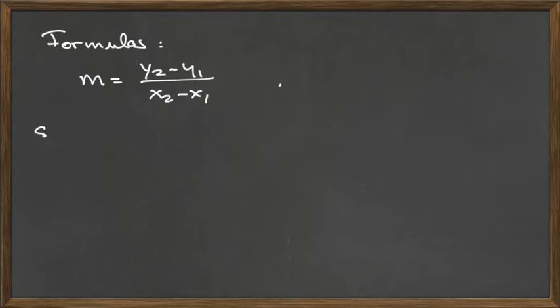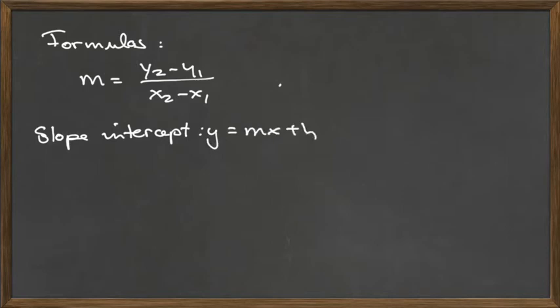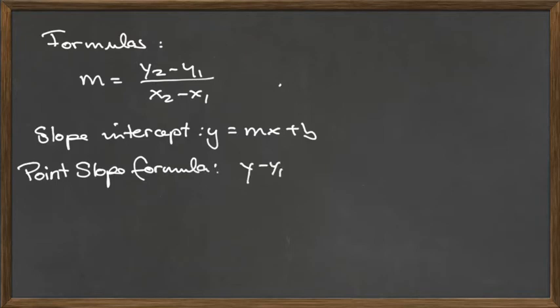Then the slope-intercept form, you got it, y = mx + b, and we also had a point-slope formula, which is y minus y1 equals m times x minus x1.